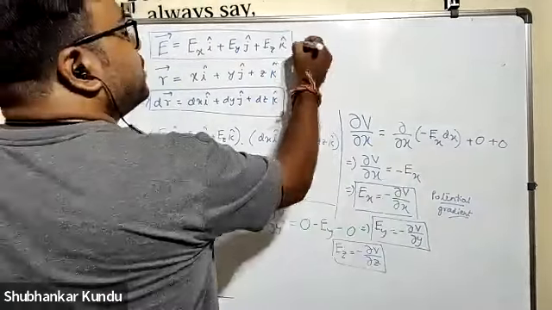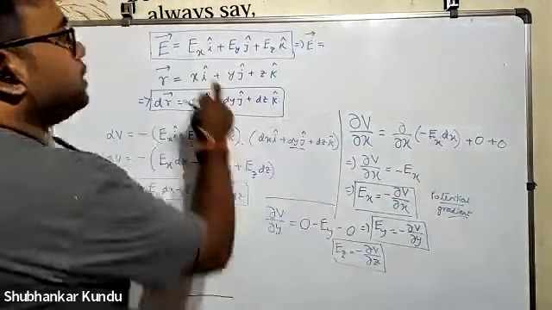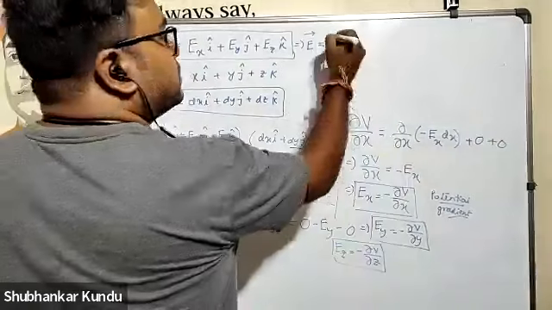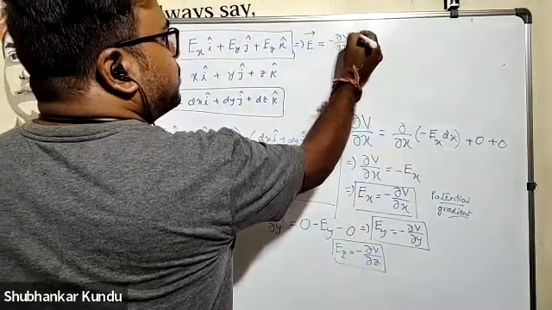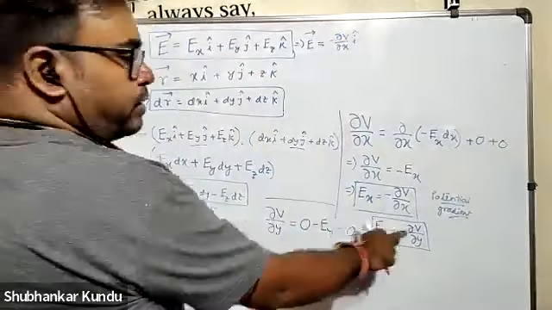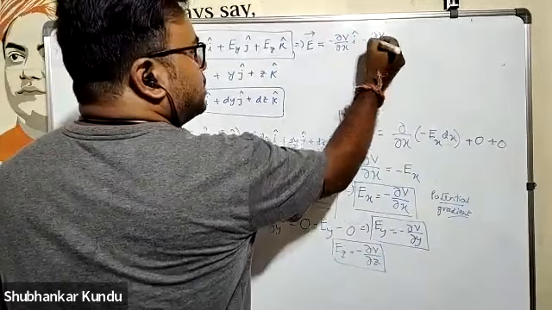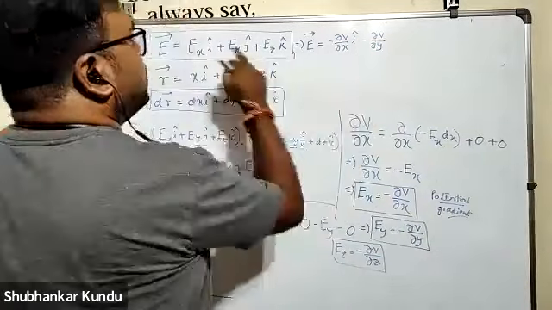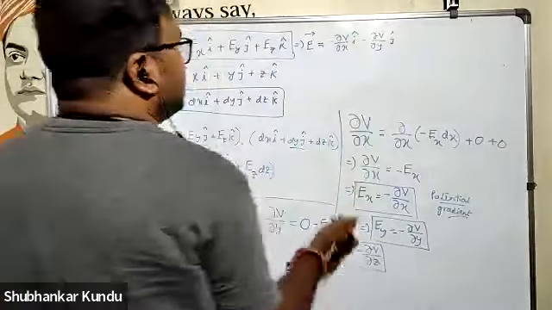So we can write that E vector is equal to Ex, which is minus del V by del x i cap, plus Ey j cap. Value of Ey is minus del V by del y j cap, plus Ez.